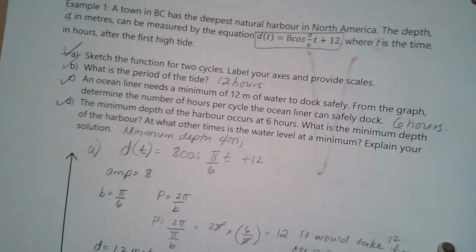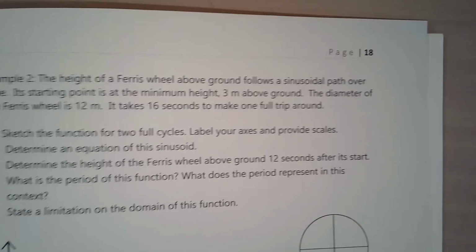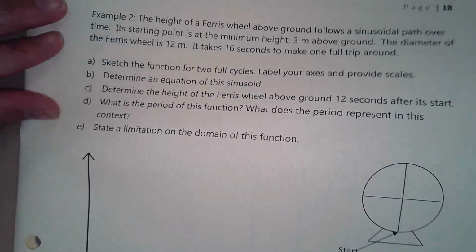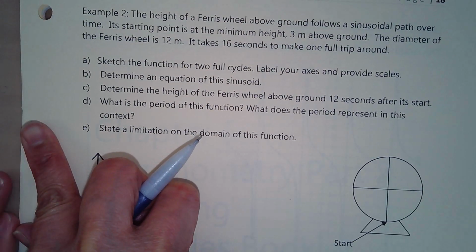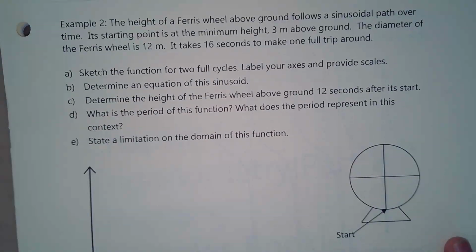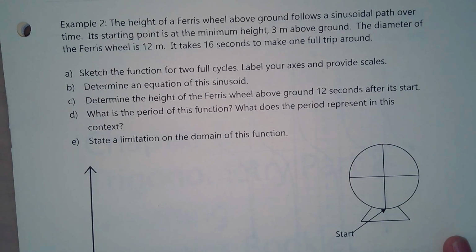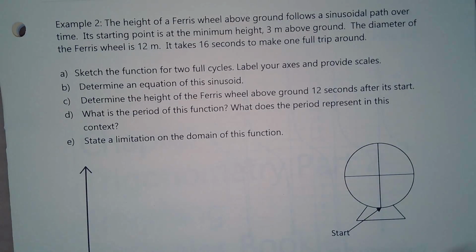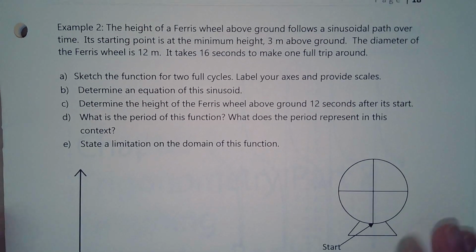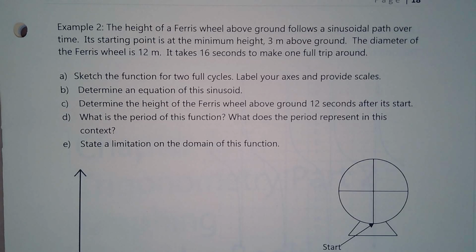Now let's see this one. Anybody who's never been on a Ferris wheel? Okay, everybody's been on a Ferris wheel. Describe what happens when you ride the Ferris wheel. Yeah, you go up and you go back down, right? So do you start at 0?